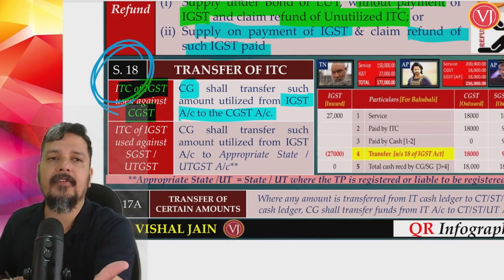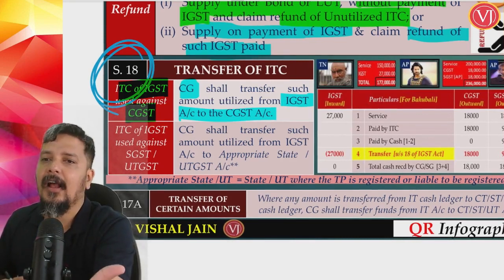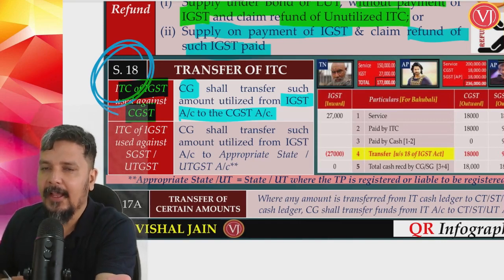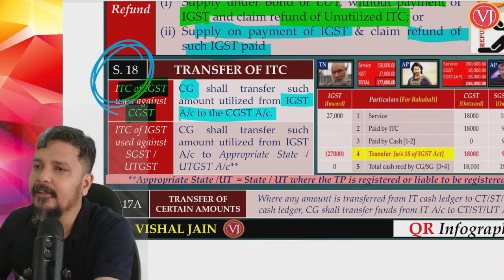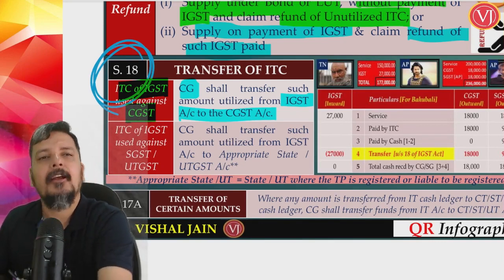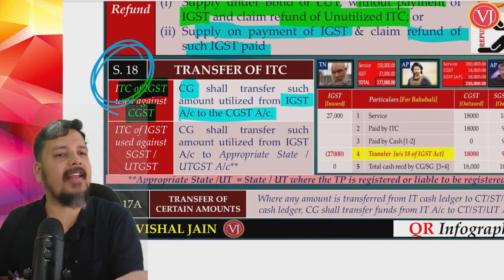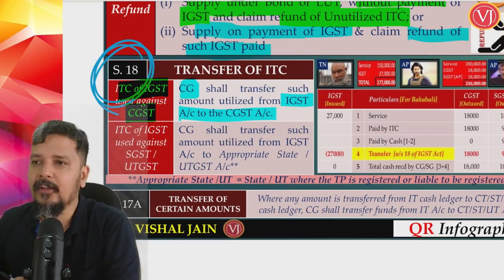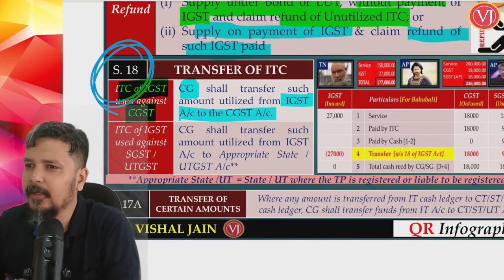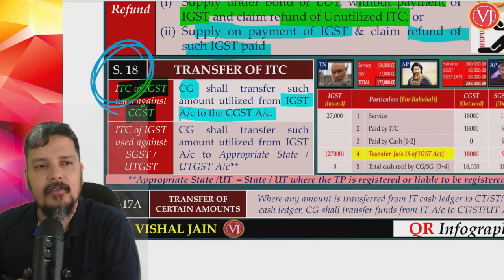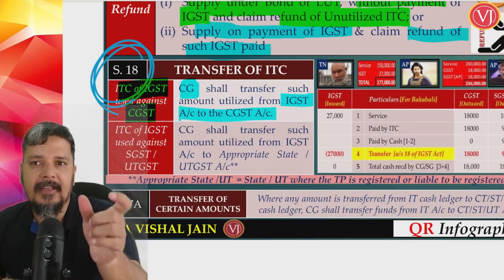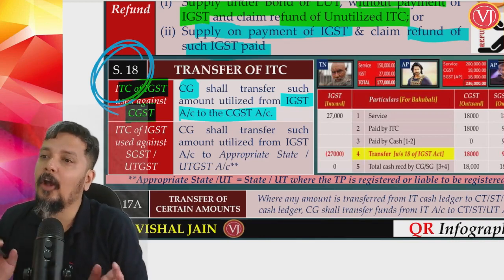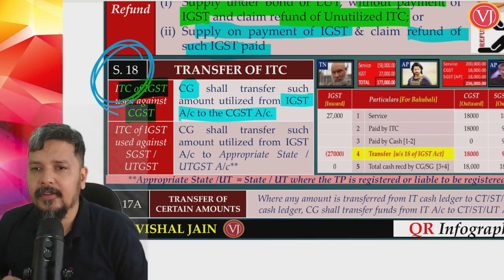Suppose the central government is having IGST amount of 10 lakh rupees and 10 lakhs credit, out of which 5 lakhs is used for paying CGST. Please understand that IGST is always there with the central government as a custodian, but it does not belong to the revenue of the government. So to make it permanent revenue, the central government will transfer from IGST to CGST. Now it becomes permanent revenue of the central government.